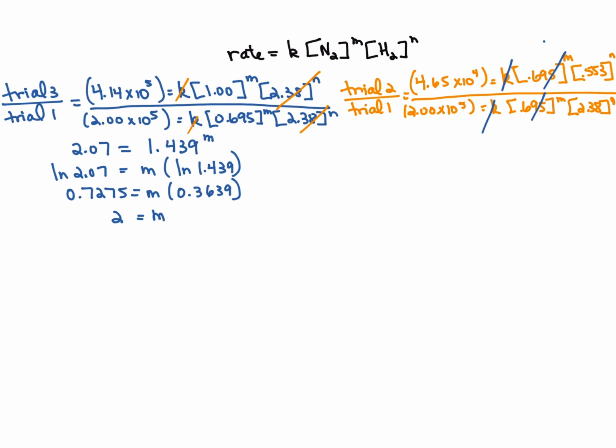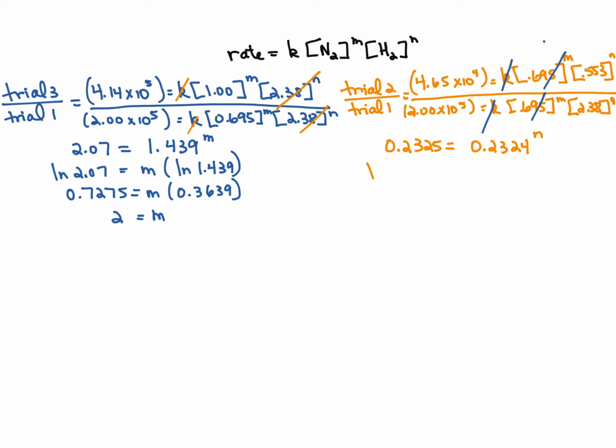So 4.65 times 10 to the 4th divided by 2 times 10 to the 5th is 0.2325. 0.553 divided by 2.38 is 0.2324 to the power of n. I want to get the power of n out of the power and down to the floor so I can solve for it.